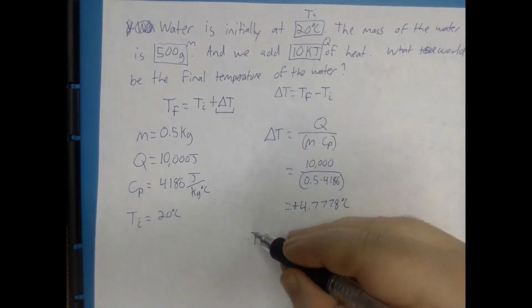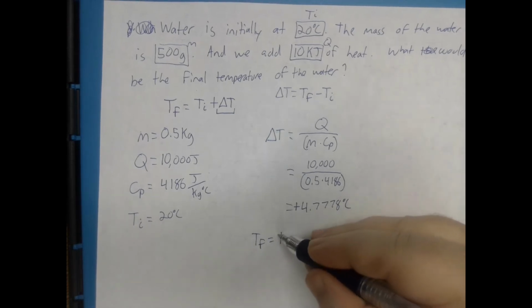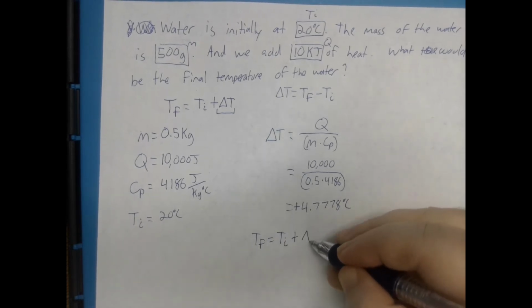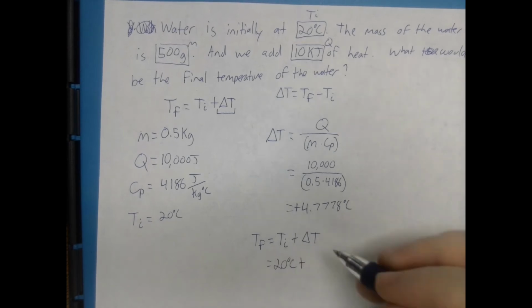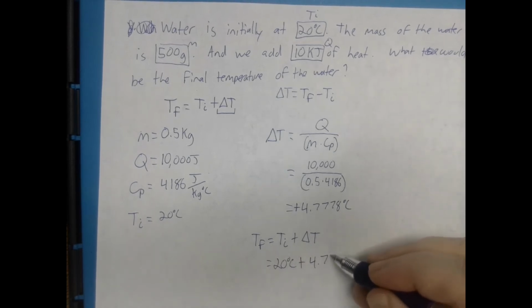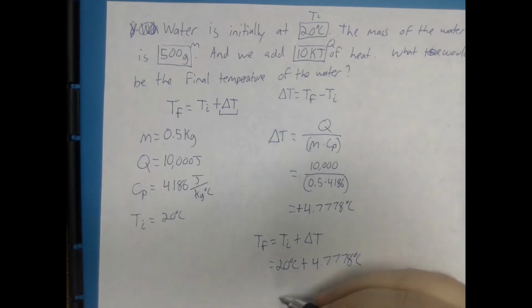So our final temperature will be whatever we started with plus our change in temperature. So 20 degrees Celsius plus 4.7778 degrees Celsius.